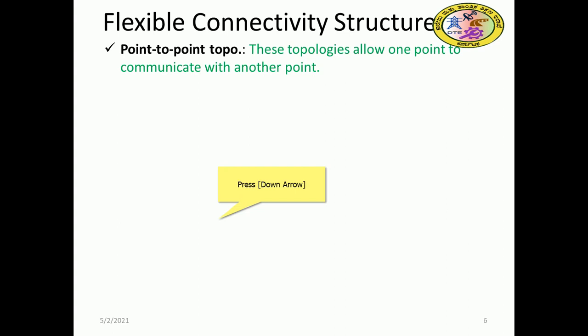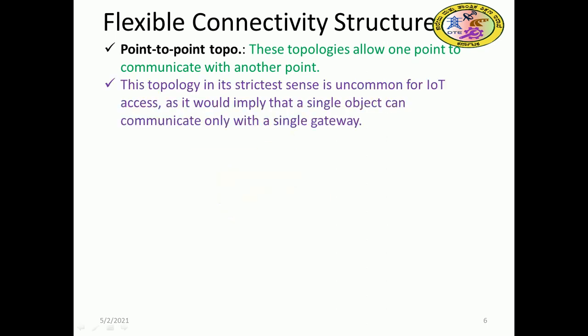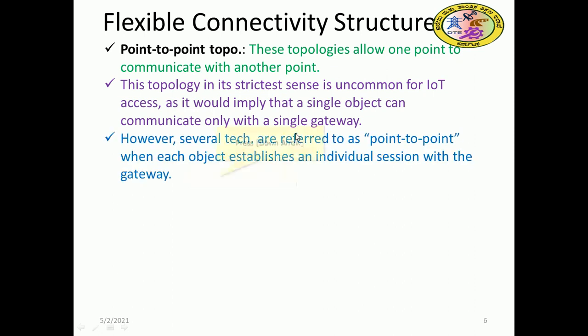The point to point topology allows one point to communicate with another point, right? In the strictest sense, this topology is uncommon for IoT access. It would imply that a single object can communicate only with a single gateway. However, several technologies are referred to as point to point when each object establishes an individual session with a gateway.